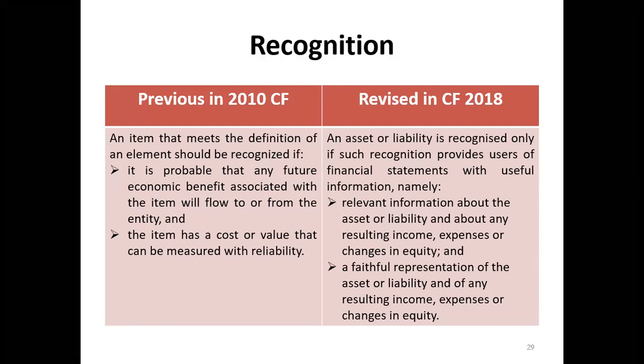For a particular asset, liability, income, expense, or equity to be recognized, it had to meet the probability criterion and also the reliability criterion. But when it comes to 2018, it's a drastic change. We are no longer having this probability criterion, and also no longer this reliability criterion. It is replaced by relevance and faithful representation.